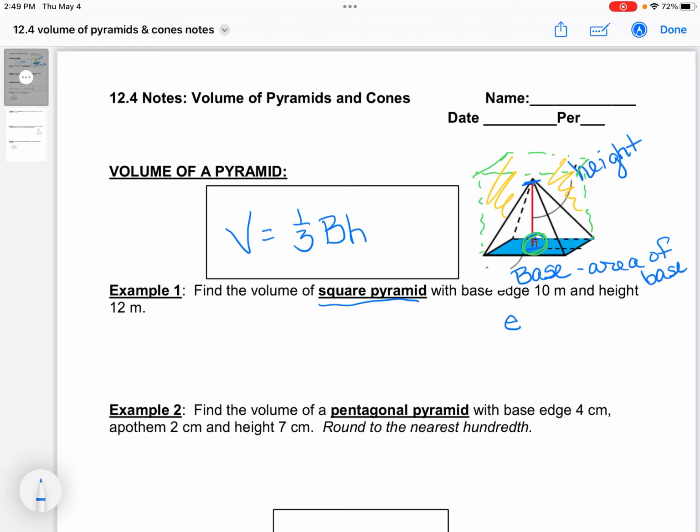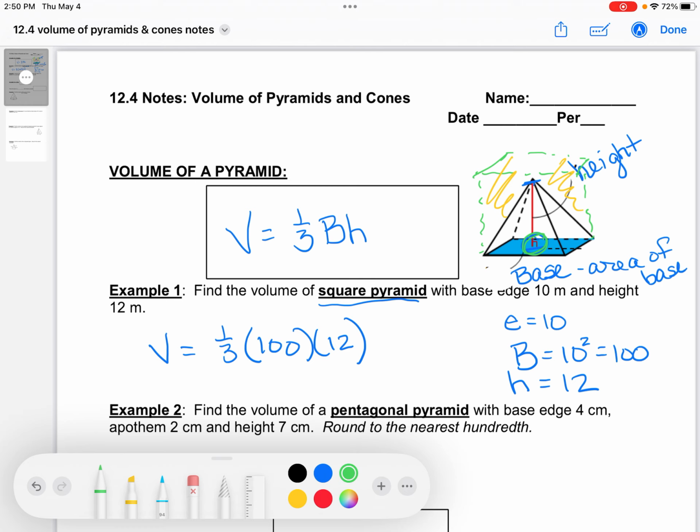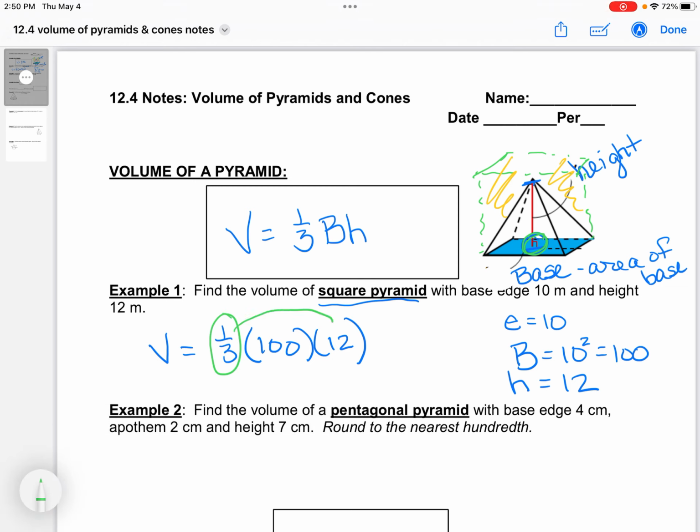Okay, so we have a square pyramid, just like the one up there. The base edge is 10. So that means that the big B base is 10 squared, which is 100. And then the height is 12. So the volume's going to be 1/3 times 100 times 12.